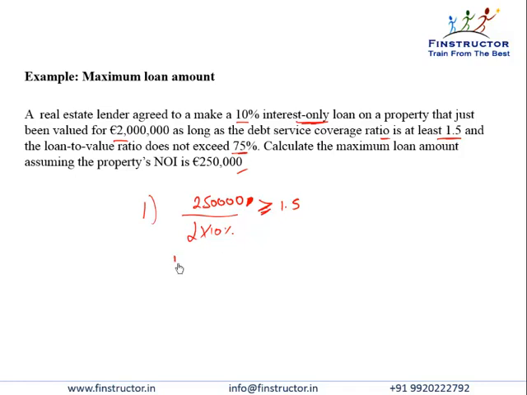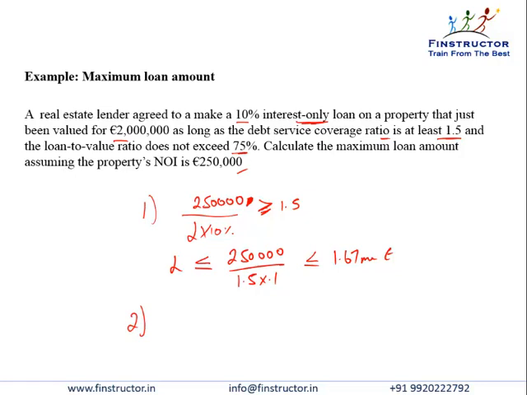Or the loan amount should be less than or equal to 250,000 divided by 1.5 times 0.1, or less than or equal to 1.67 million euros. Let's do it using the second method because there are two conditions. So it will be the lower of the two that we can eventually take.